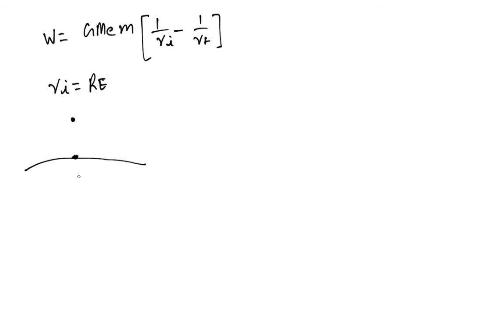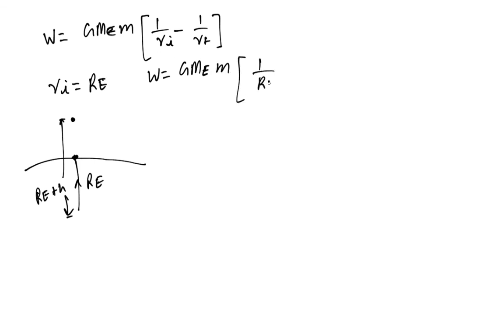So this is Re, and this guy here, let's say, is Re plus H. So you can write work done or increase in potential energy, the same meaning, whatever work you're doing is going into increasing the potential energy, equal to GMe m (1/Re - 1/(Re + H)), right? Because this is Re and this is Re plus H.